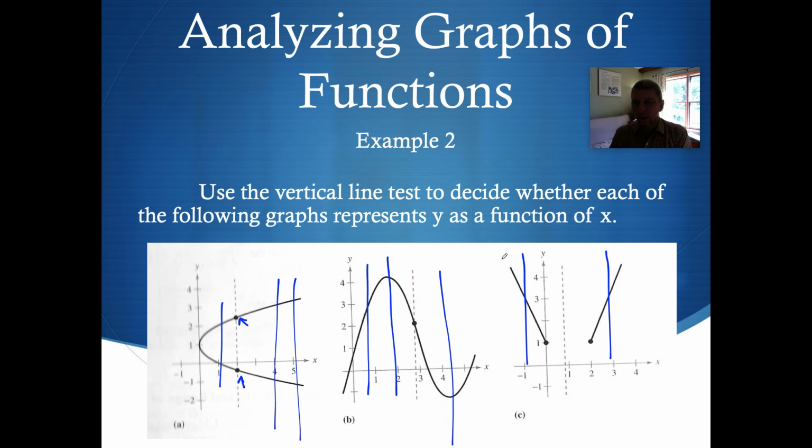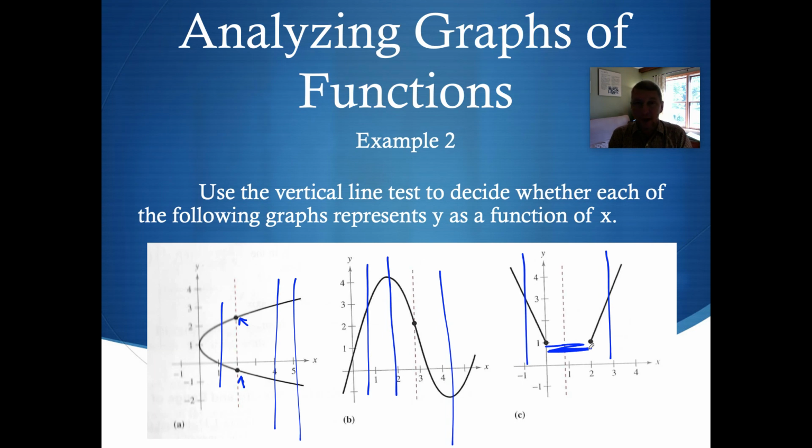But between x equals 0 and x equals 2, in this range right in here, I don't actually strike the relation at all, right? The vertical line doesn't come into contact with it at all. This is okay, all right? Because in this case, all that it means is that at x equals 1, for example, the relation is undefined.